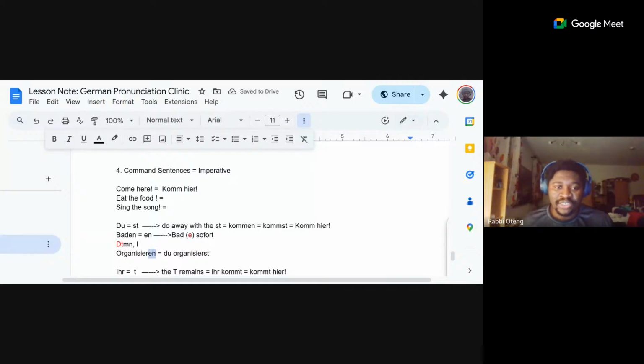The EN goes away. Then you add your ST to it. Du organisierst the party. Okay. But if I'm giving an order, organize the party, then we remove the EN and add E to the verb stem.